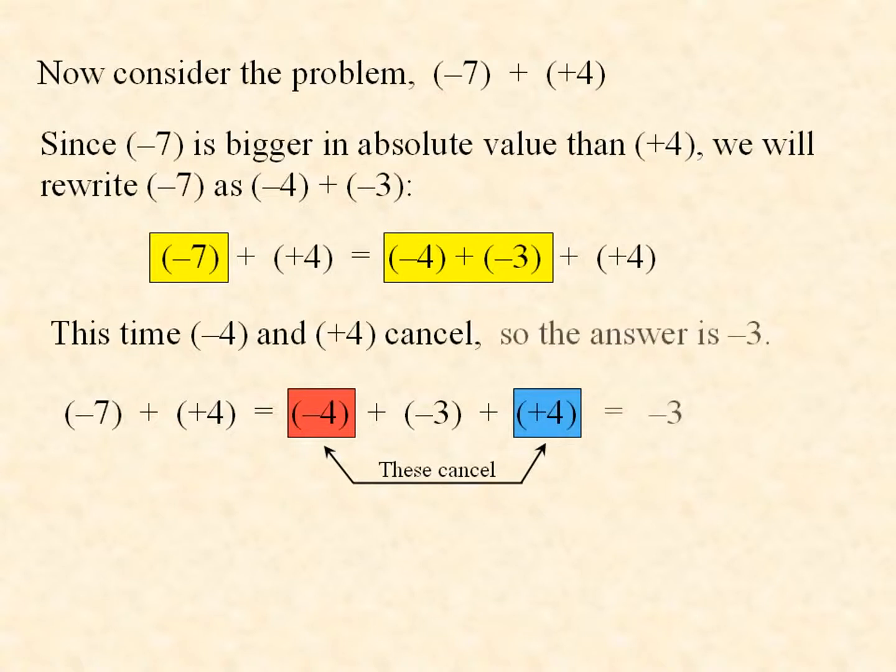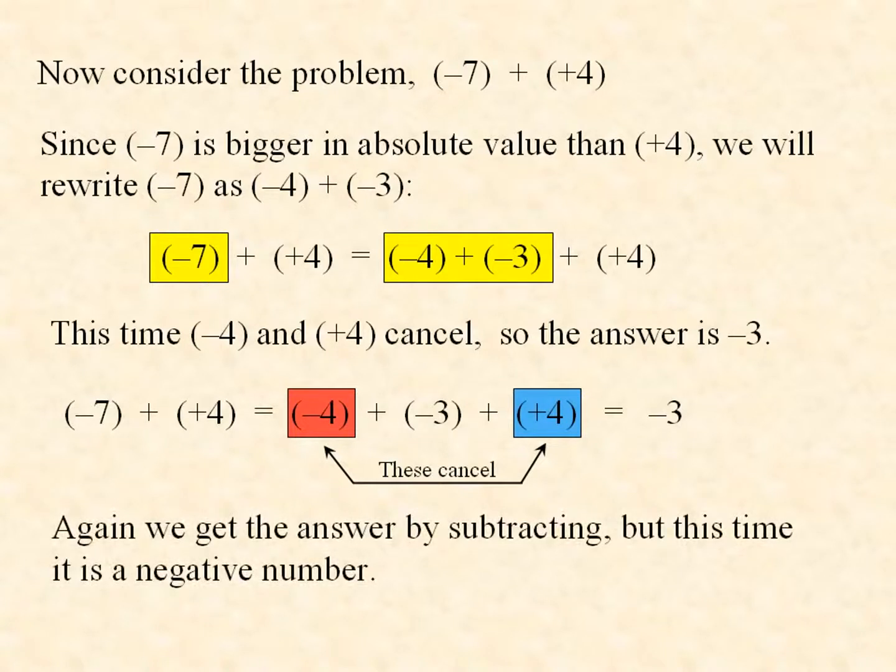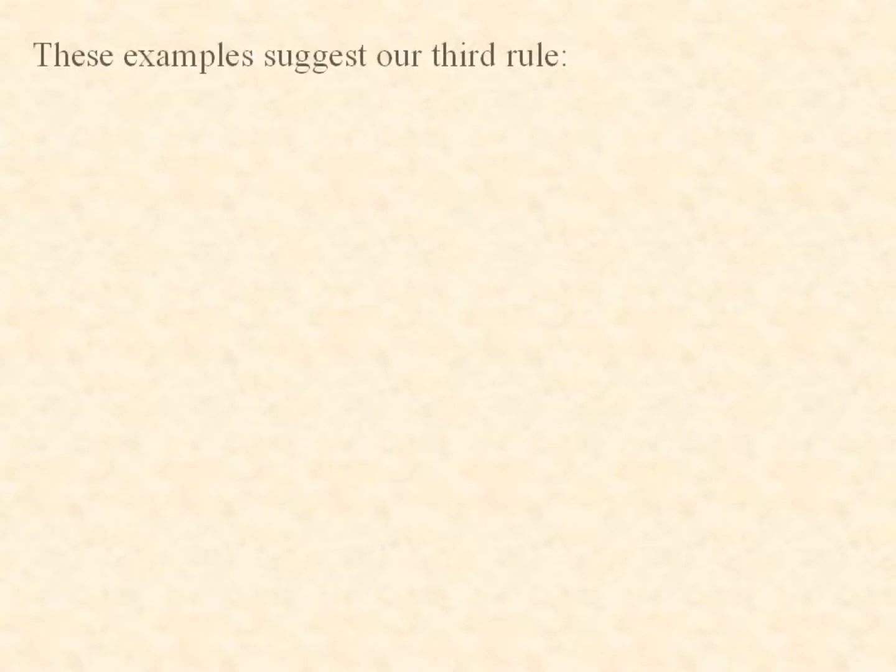So we are left with -3. Again, we get the answer by subtracting, but this time it is a negative number. These examples suggest our third rule.